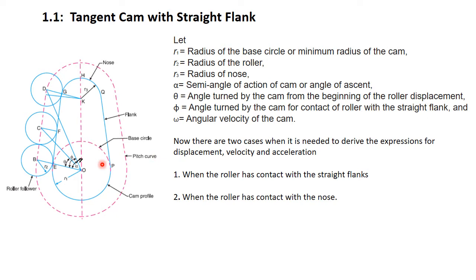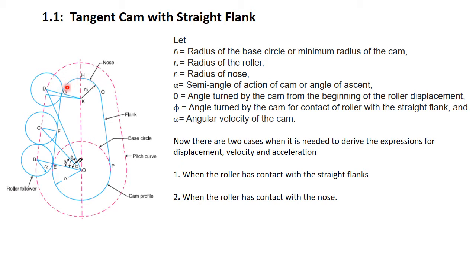Now here we should note that the surface of flank is straight, whereas the surface of nose is round. So when the follower moves on the surface of flank, it obeys one equation, whereas when it moves on the surface of nose, it follows a different equation, or it has different behavior towards its displacement, velocity and acceleration.